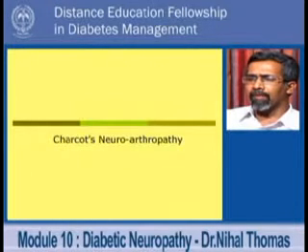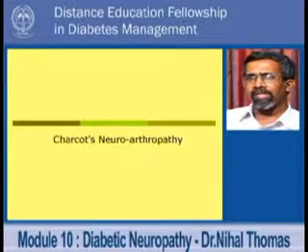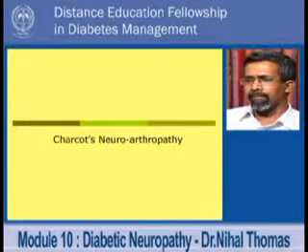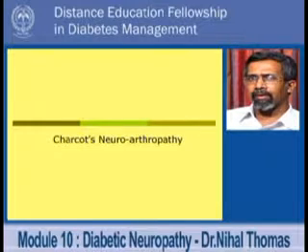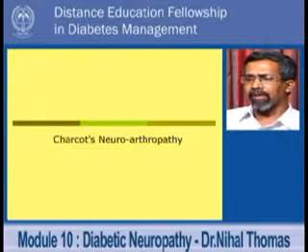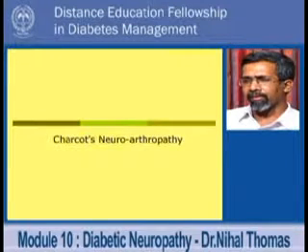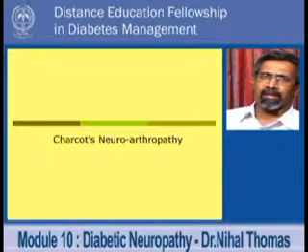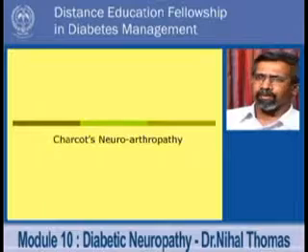Finally, a word about one of the most perplexing problems in diabetic neuropathy, and that is Charcot's neuroarthropathy. Once thought to be a rare condition, Charcot's neuropathy is in fact an under-recognized disorder which is seen with reasonable frequency in those who have chronic diabetic neuropathy.